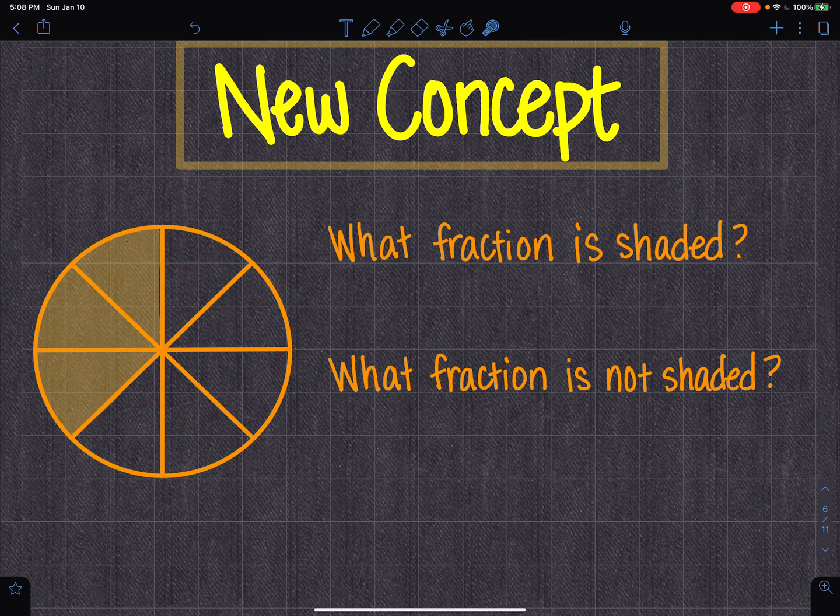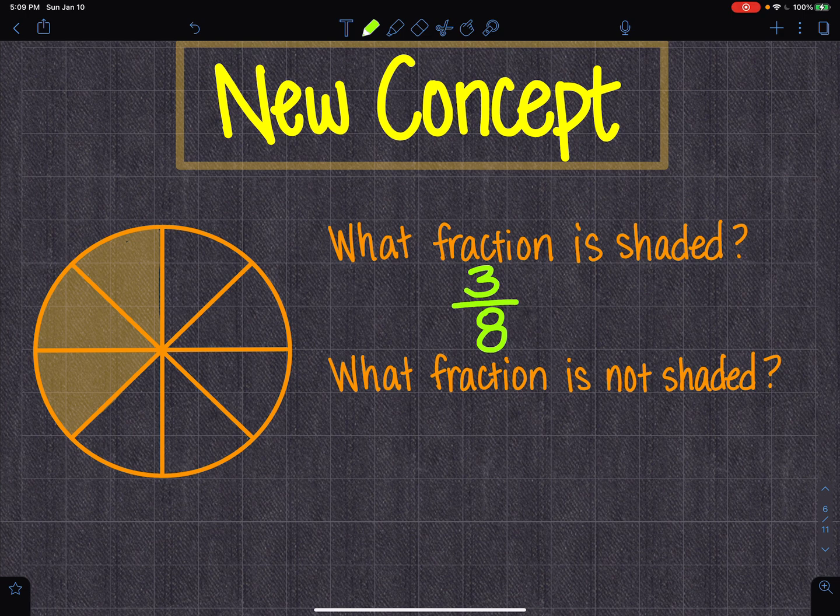So I know that the denominator, or the number on the bottom, is going to be 8. And what number goes on top? The number that is shaded. So it's going to be 1, 2, 3. So 3 out of 8 is shaded.